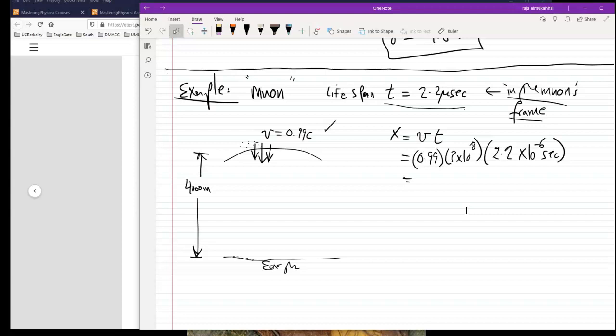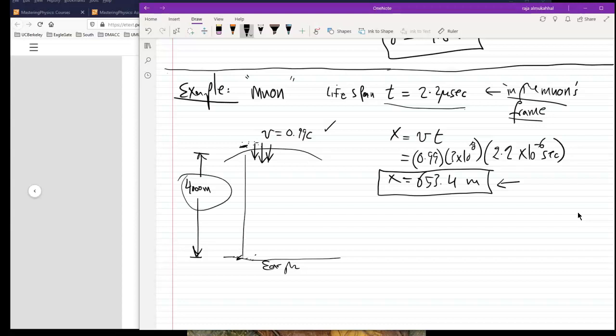Answer: the maximum distance they're going to travel before they die is 653.4 meters. Do you see the problem? If they're going to travel only this much, which is not even 1 kilometer, how do they make it to the surface of the Earth, when the distance from here to here is 4,000 meters?